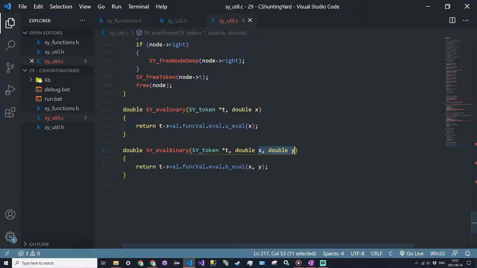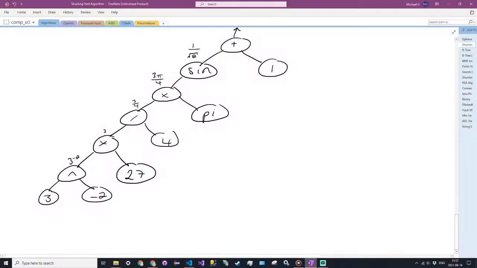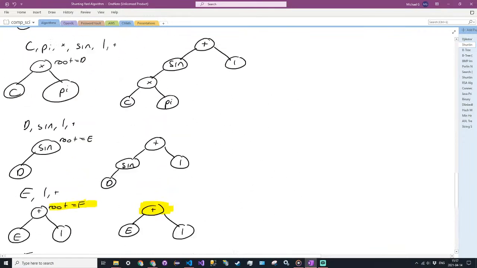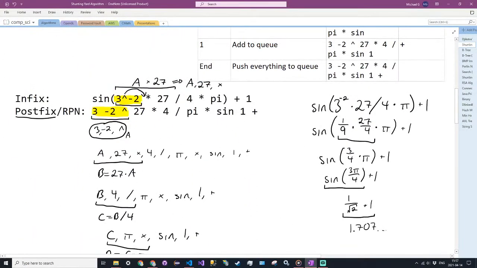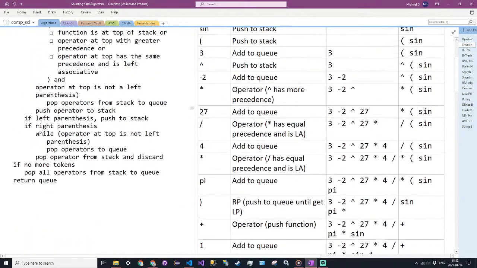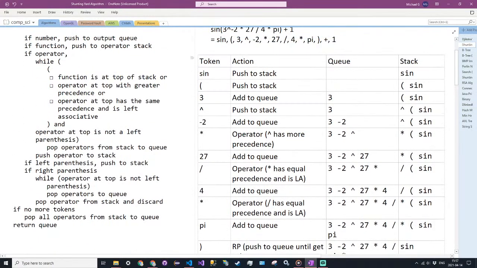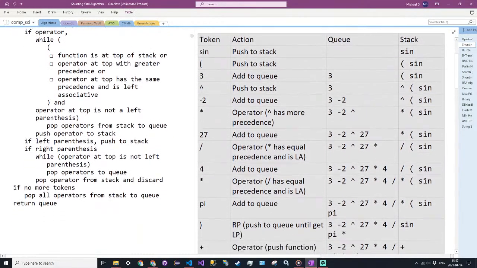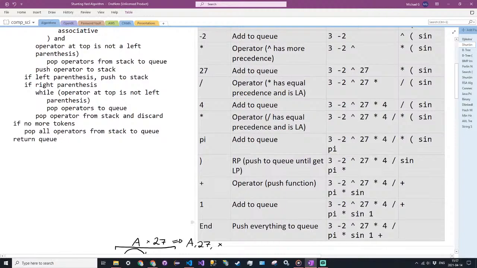Alright, so that is pretty much the Shunting-Yard algorithm introduction and the introduction to the code that we will be using when we actually write this algorithm, which will be next time. I'm still working on a few memory things.